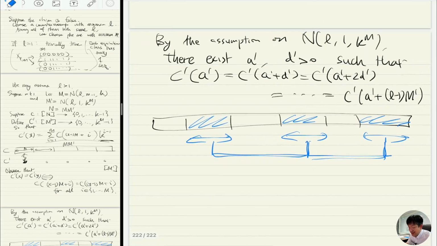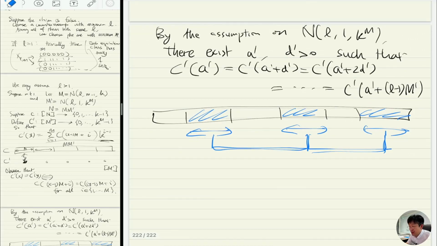Right, so that's the first step. Now, how do we find the correct one? We need to find d2 to dM.